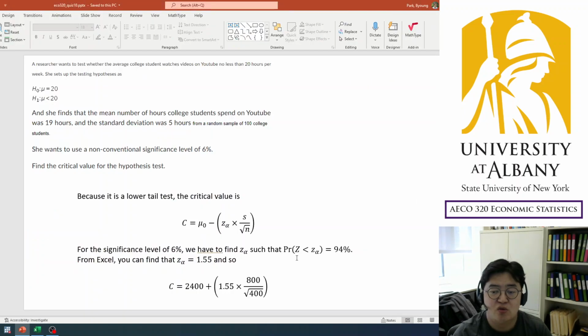Anyhow, you are going to find z alpha. So z alpha is the top alpha probability value. In other words, below this value, there is 94%. So this cumulative probability is 94%. Use this cumulative probability information from Excel, you get 1.55.